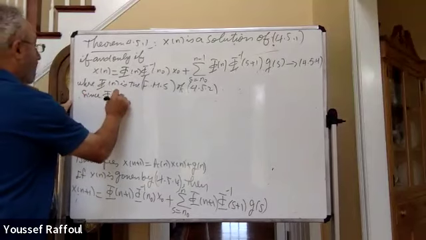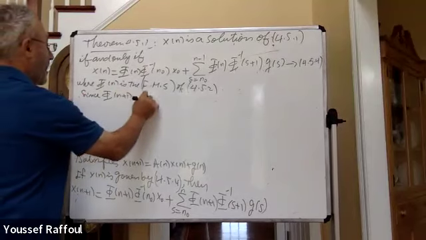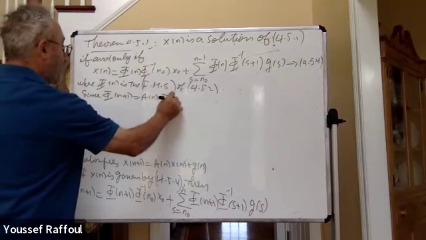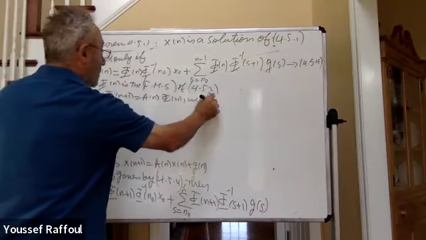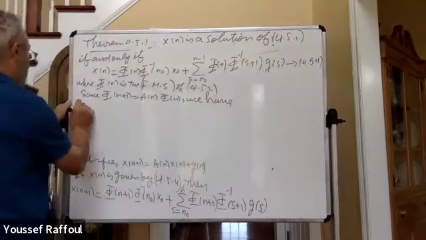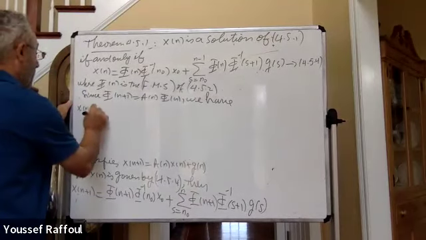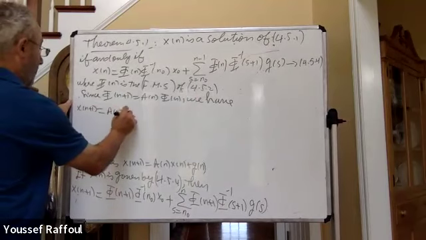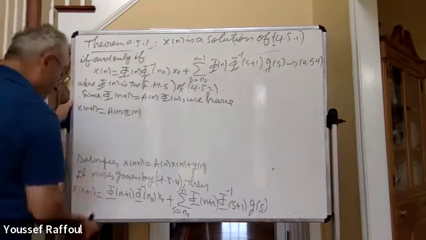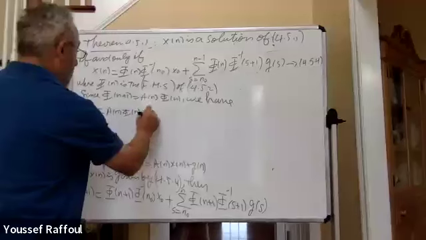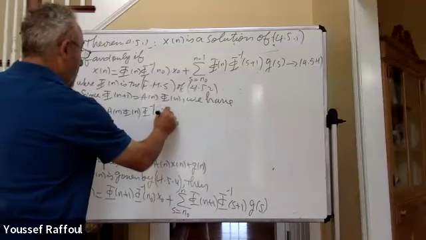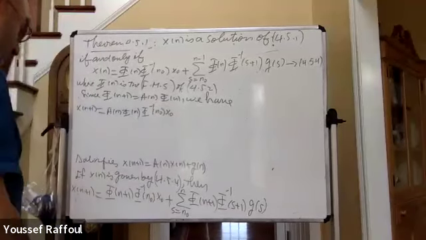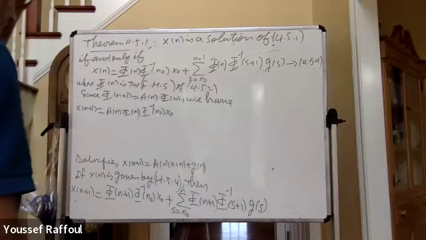Since phi n plus 1 equal a n phi n, we have xn plus 1 equal to a n phi n phi inverse of n naught x naught. Okay.